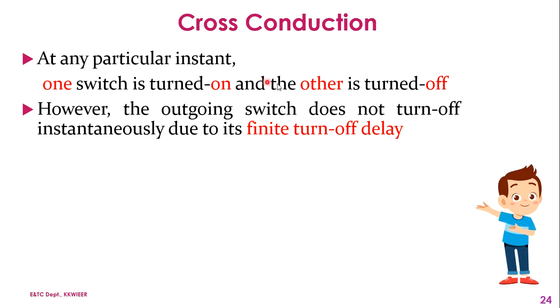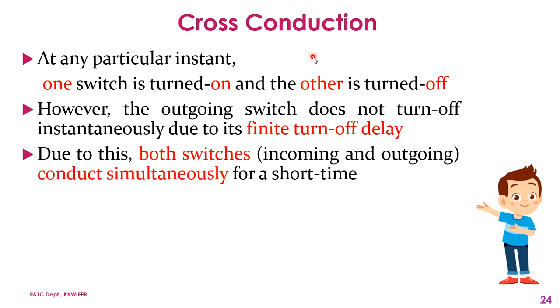Not exactly that both switches are turned on simultaneously, but when one switch is turned on and the other is turned off, due to the finite turn-off delay of the first switch which is getting turned off, it will remain turned on for some time when the next switch is turned on. So this is the case when both switches are turned on, which may cause cross conduction in inverters.